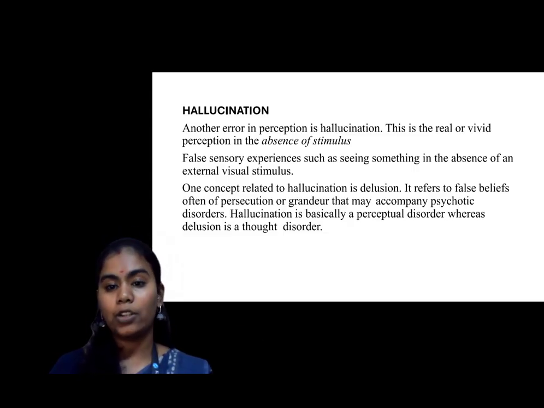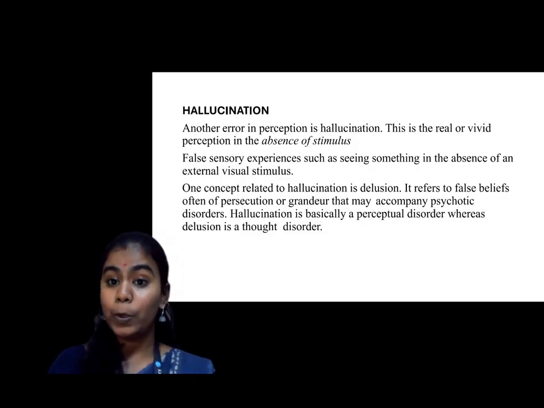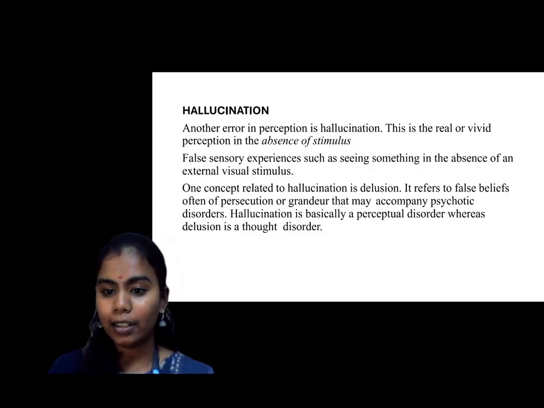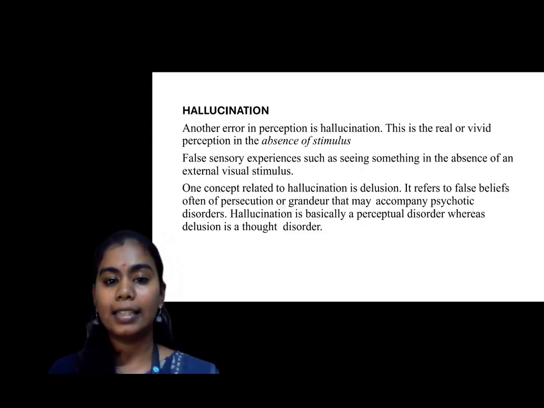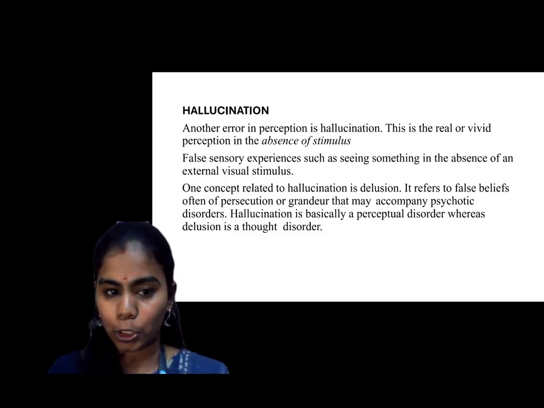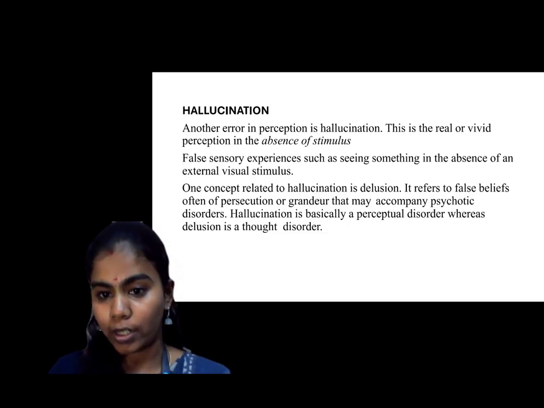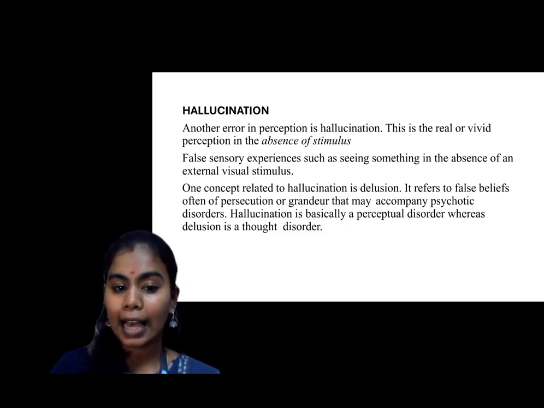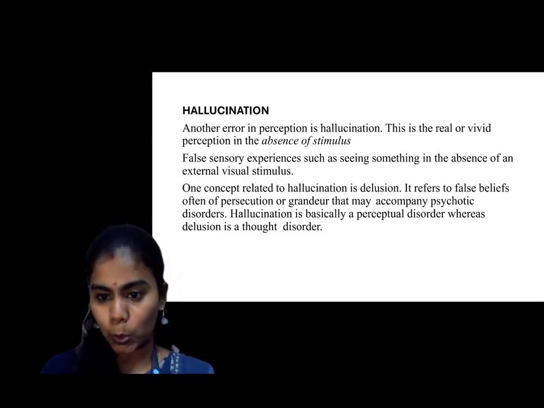That perception could be very real and has a clear nature. So that is hallucination: a false sensory experience, like seeing something in the absence of an external visual stimulus. One concept related to hallucination is delusion. Delusion is a thought disorder, whereas hallucination is a perceptual disorder.